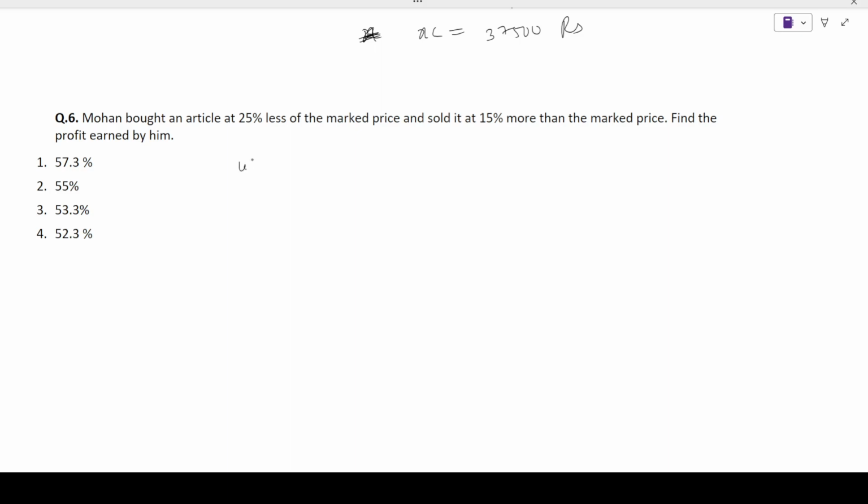Let's suppose market price is 100 rupees.